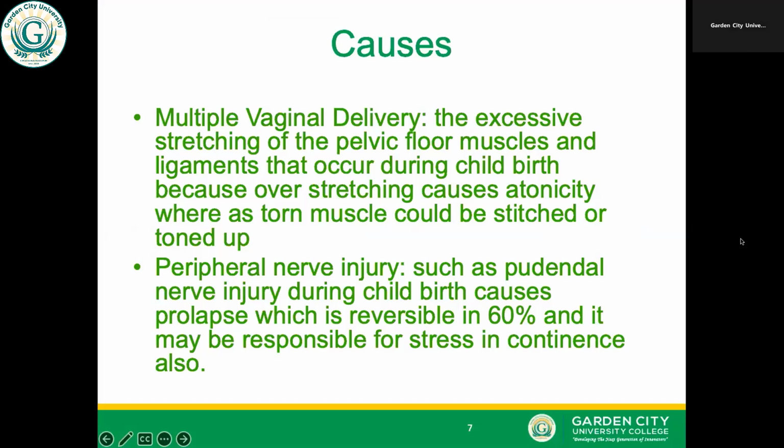Causes of uterine prolapse. We have multiple vaginal delivery. That's the excessive stretching of the pelvic floor muscles and ligaments that occurs during childbirth, because overstretching causes atonicity, whereas muscles could be stretched or torn. So when there is multiple vaginal delivery, it can cause pressure because once you give birth, you don't rest.